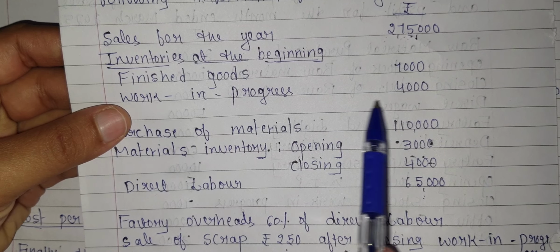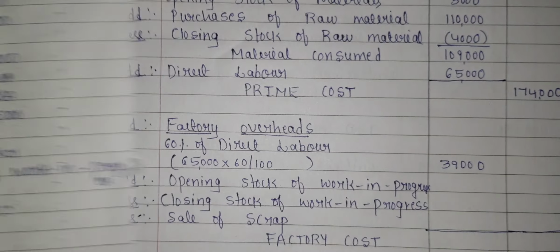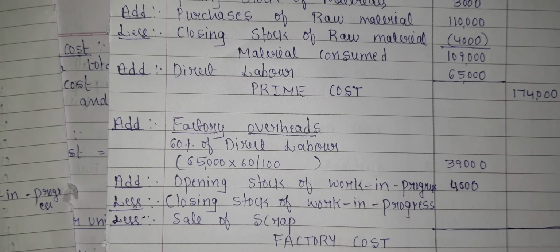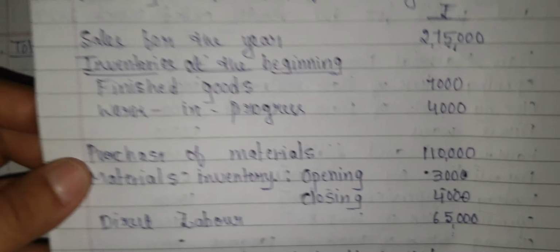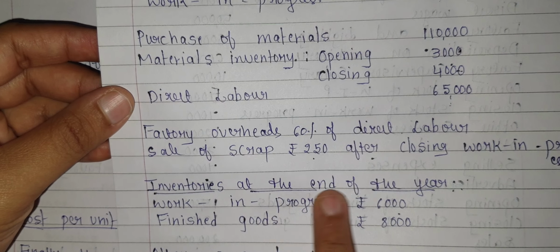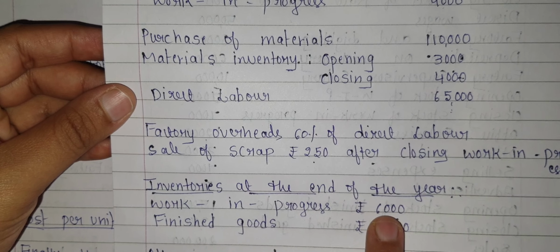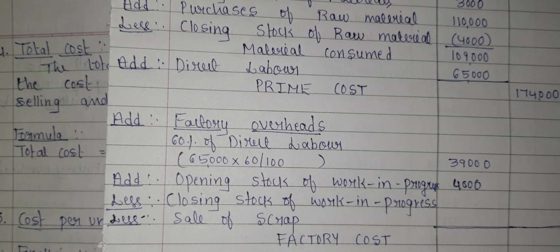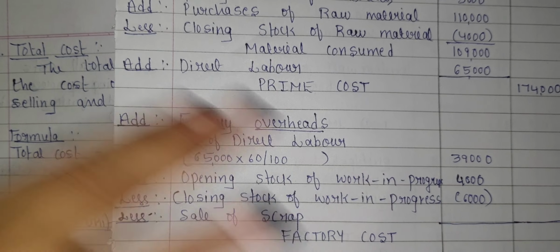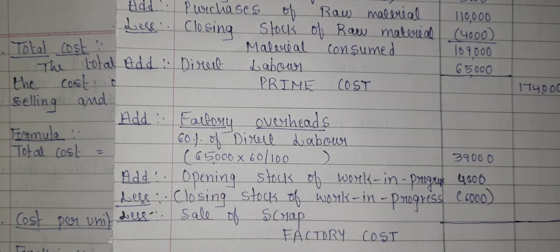Opening stock of work in progress is rupees 4,000. And closing stock of work in progress, see here, inventories at the end of the year, work in progress, that is rupees 6,000. So write down closing stock of work in progress 6,000, that is we need to be deducted.